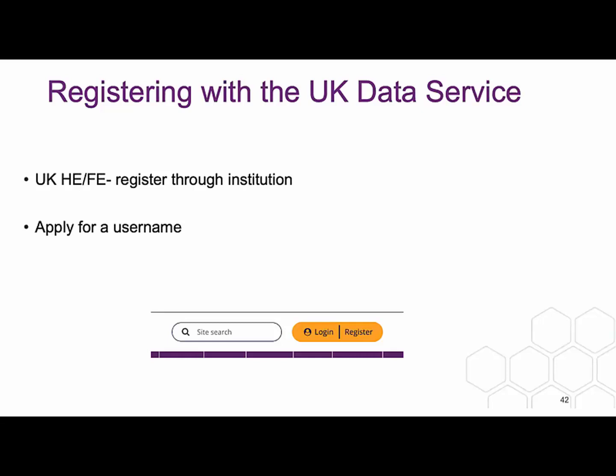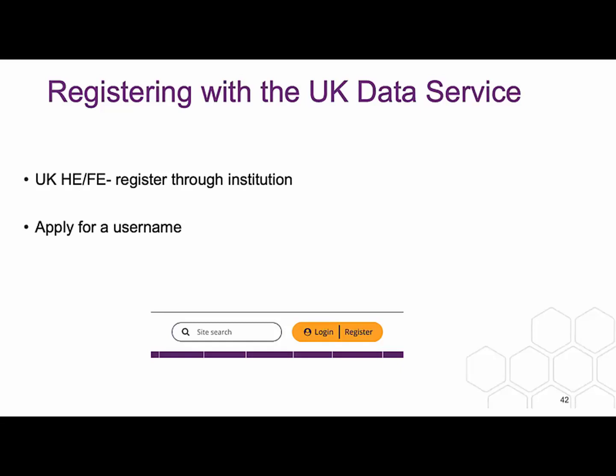If you're not from a UK institution of further or higher education, that's absolutely fine. You can still register with us, but you will have to first apply for a UK Data Archive username. When you click on that register button, I've got a screenshot on the next page, you'll be directed to the left-hand side of the screen where you can complete a username application form.